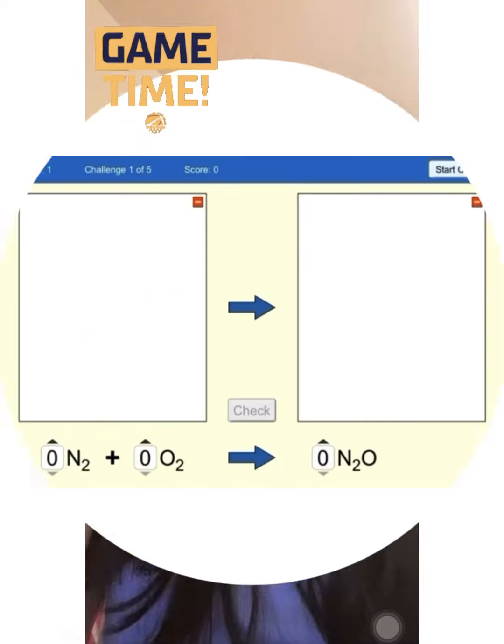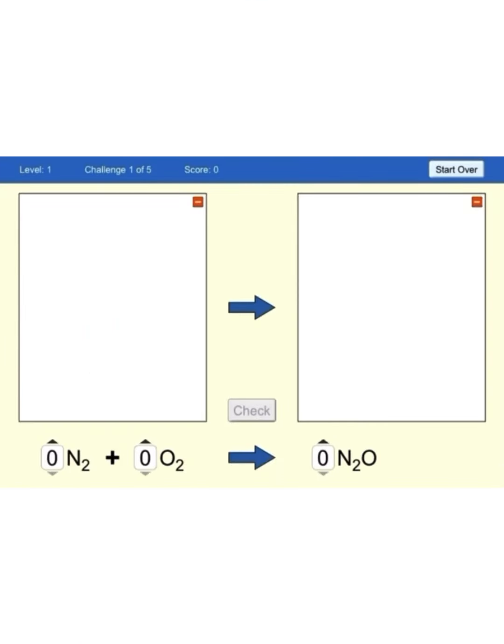Are you ready? In the reactant, we have 2 nitrogen atoms and 2 oxygen atoms, and in the product, 2 nitrogen and 1 oxygen atom. This chemical equation is not balanced. To balance it, we have to add coefficients in the nitrogen of the reactant.